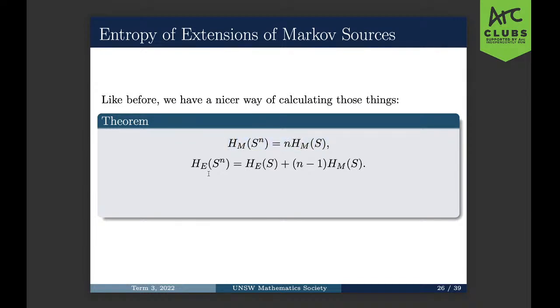One slightly different thing here, the equilibrium entropy for the nth extension is the original equilibrium entropy plus n-1 times the Markov entropy of the original source. Just remember these two. Always use these when you're calculating entropies of extensions of Markov sources, because it's so much better. You don't need to know very long formulas.